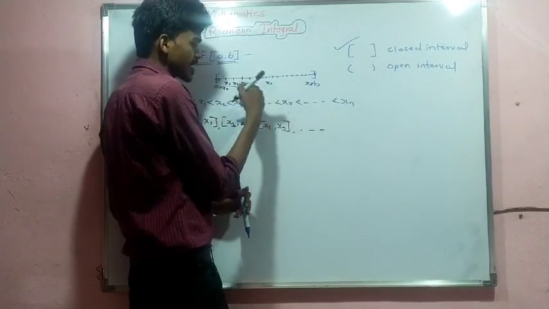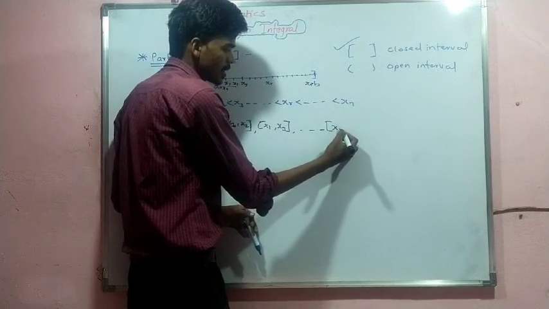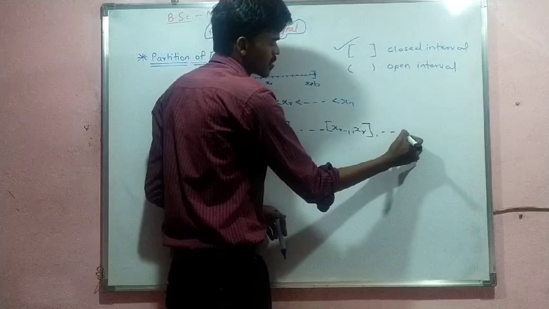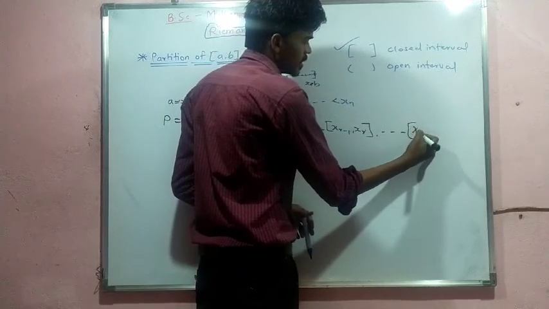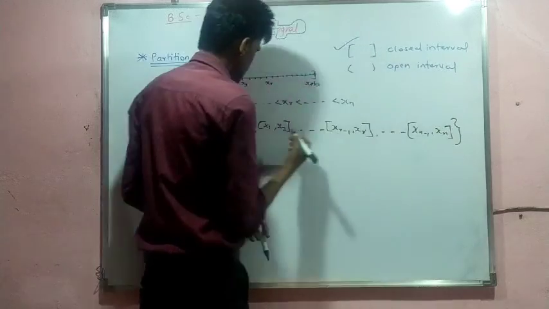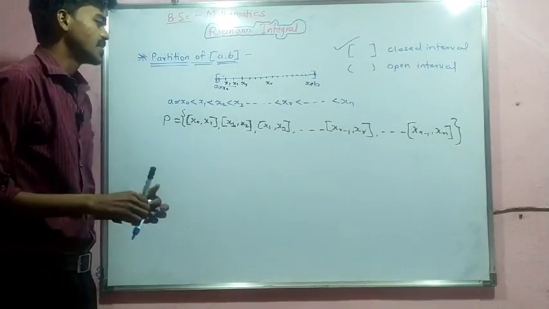Here it is xr minus 1 comma xr, and the last interval is xn minus 1 comma xn. These are our intervals.